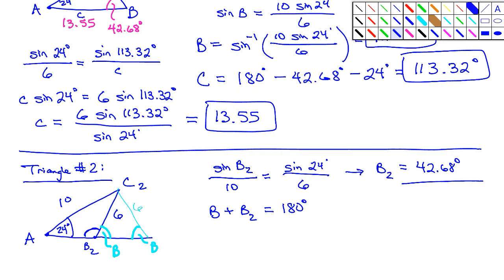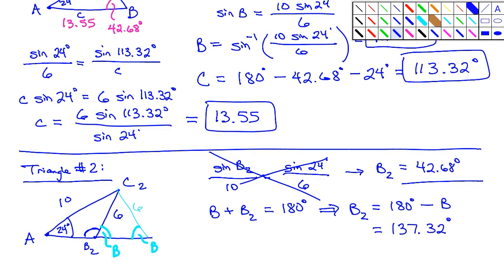So instead of trying to do the law of sines again, it will not work. We know that it won't work. What you do is you just go ahead and use the information from the previous triangle, and you say B2 is equal to 180 minus the original B, and in this case that would be 137.32 degrees.